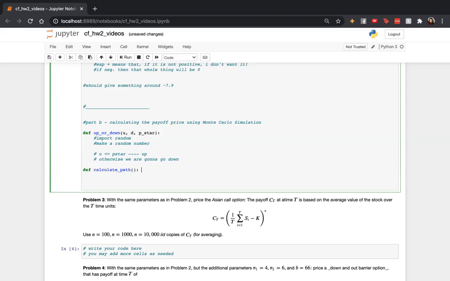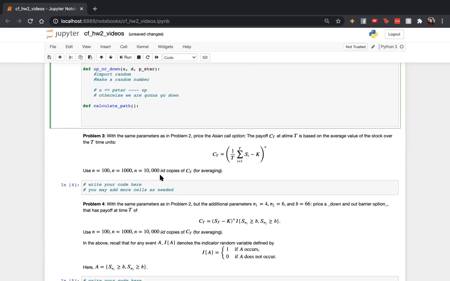We want this function to give us the prices of the stock from day 0 to 10. Why do I want this? You have probably not read problem 3 or 4, but if we have a function that gives us the stock prices from 0 to 10, that will be very, very useful for problem 3 and 4.